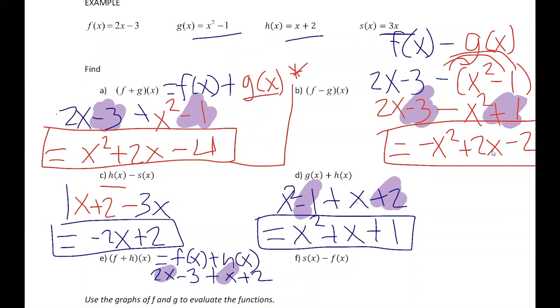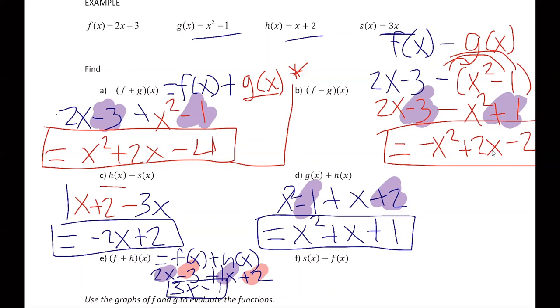We don't usually write the 1, but that would be 3x. And then we also can combine our constants. So minus 3 plus 2 would be minus 1. So your answer would be 3x minus 1 for E.